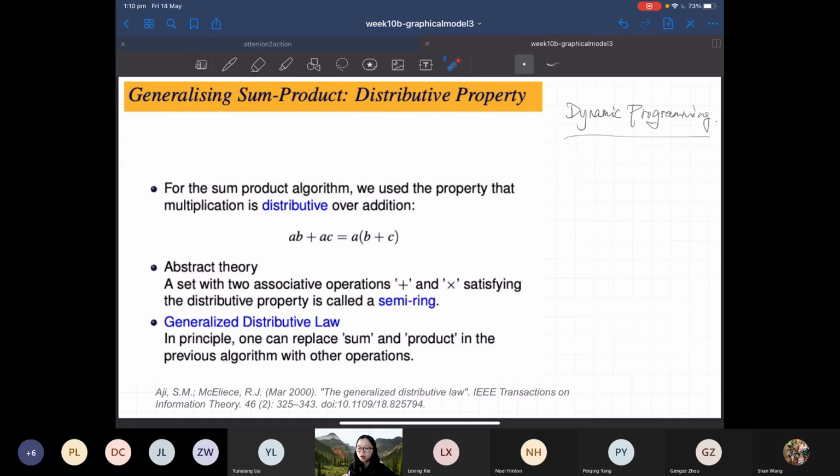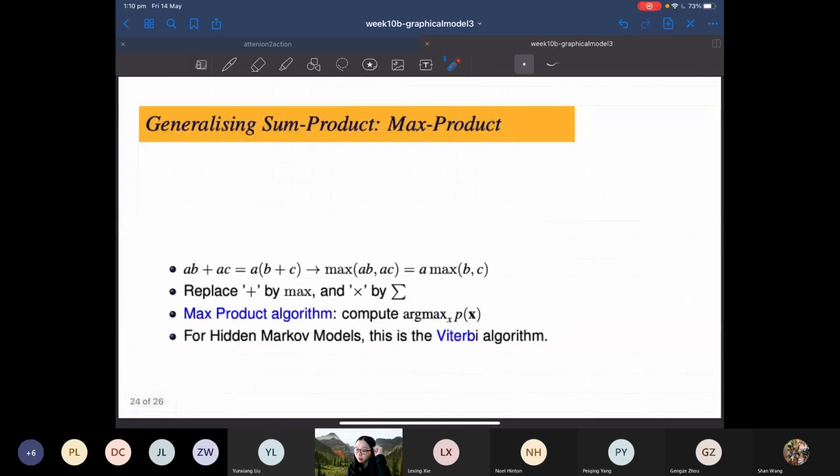So in plain English, the goal of this generalized distributive law says one can replace sum and product in a previous algorithm with other operations. One concrete thing that this allows us to do is decoding, or finding the maximum, most likely configuration of node values, right? So basically, if we replace plus by a max, right? So plus in probability terms is, say, averaging or taking expectation or marginalizing.